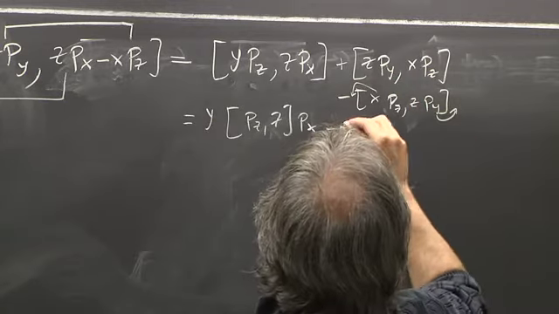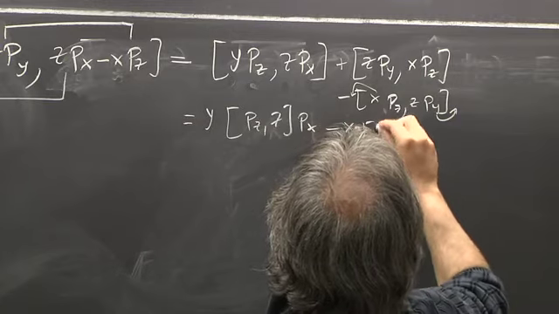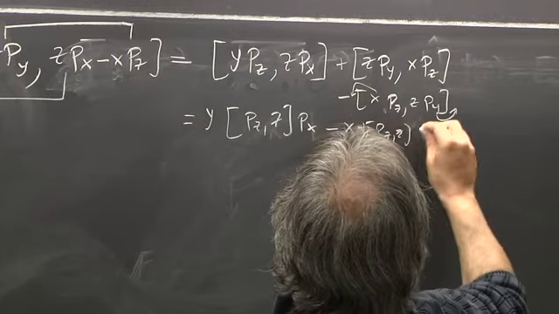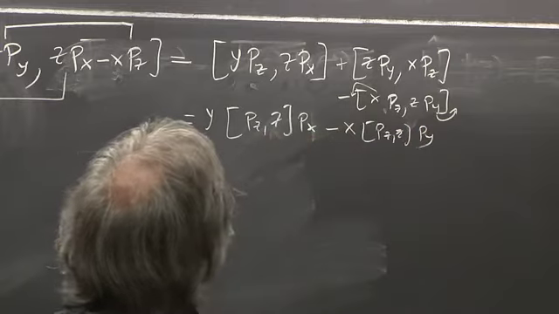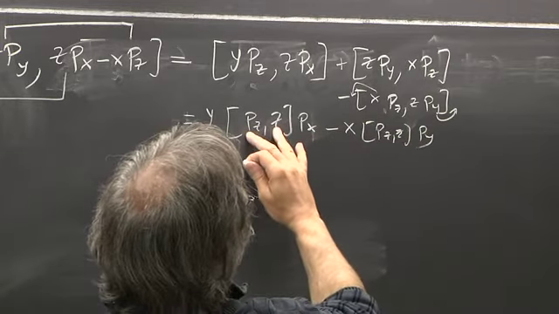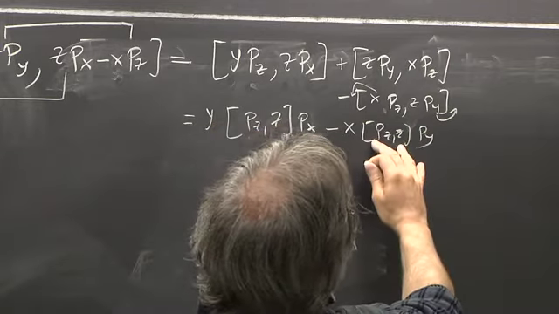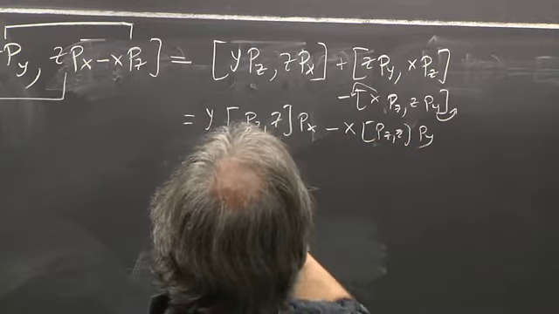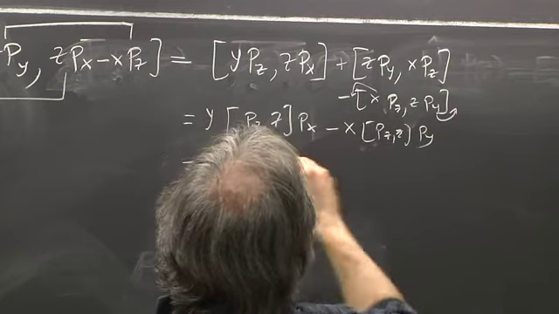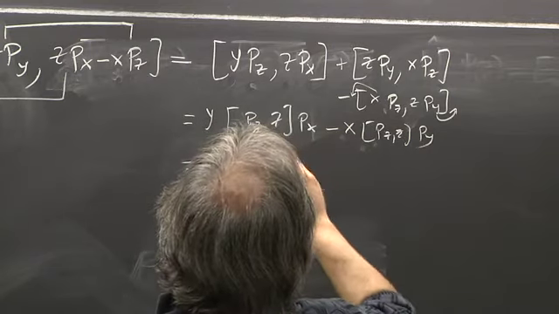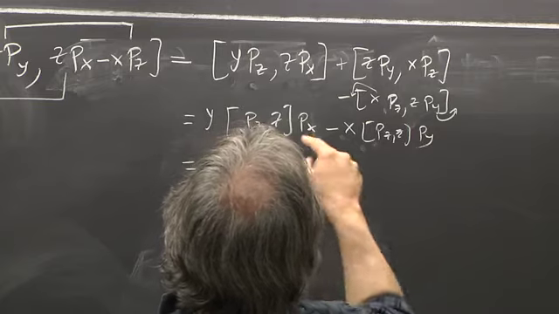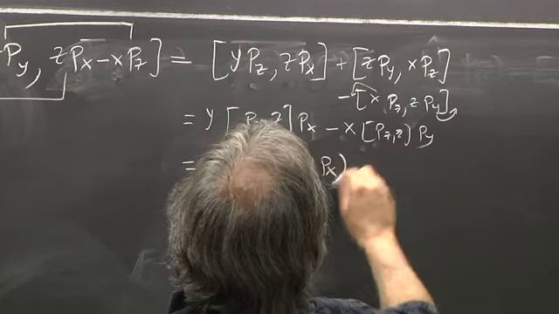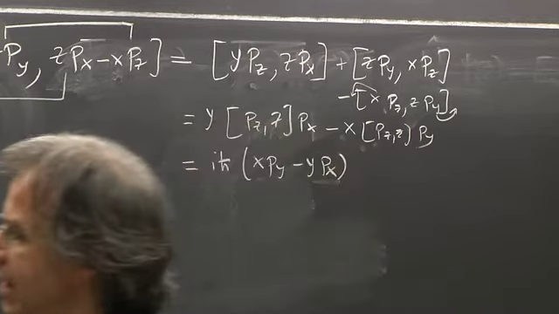Okay, so these are just minus i h bar, and they're the same. So I just have i h bar from here x py minus y px. Okay, and this is nothing but Lz.